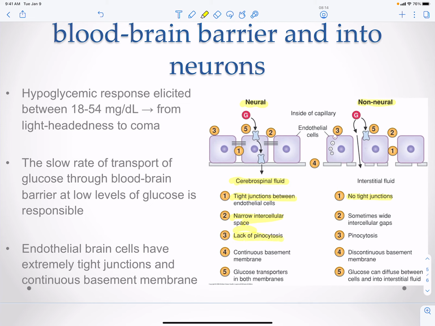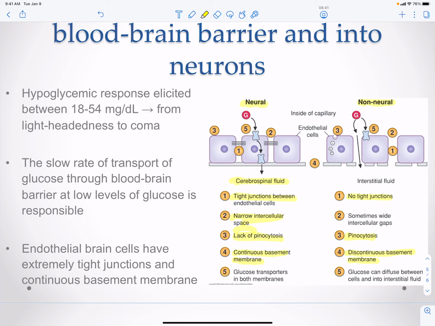Remember, pinocytosis is simply drinking what's on the outside. Your endothelial cells associated with the tight junctions of your blood-brain barrier do not take things up randomly. In other areas of the body, this is done commonly. And the fourth one is a continuous basement membrane. In normal tissue, this is discontinuous, again, to allow things to diffuse through pretty easily.